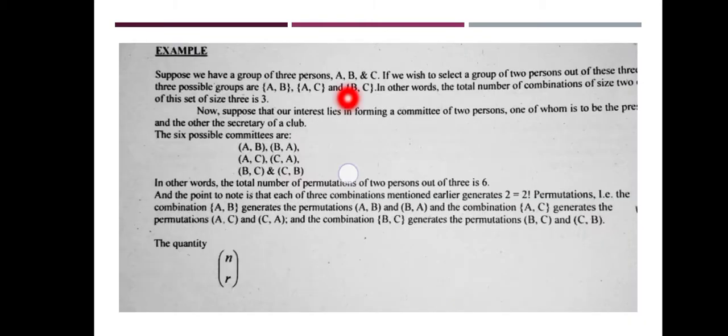So every combination of 2 objects generates 2 factorial, which is 2, permutations. The combination AB generates the permutations AB and BA, the combination AC generates AC and CA, and the combination BC generates BC and CB.